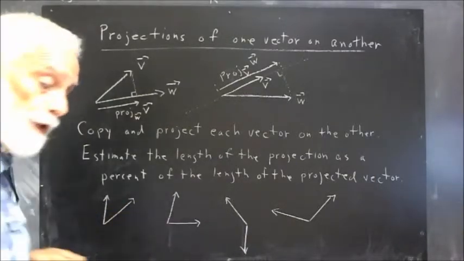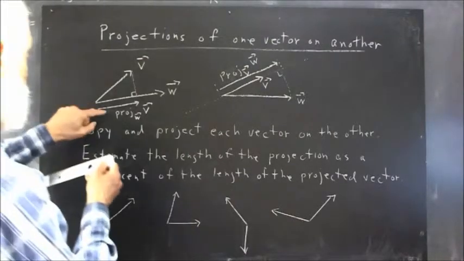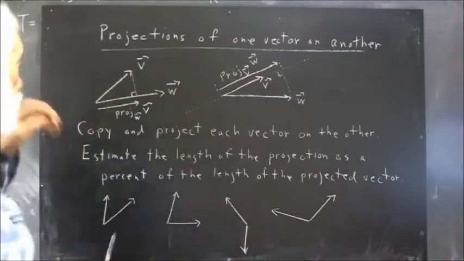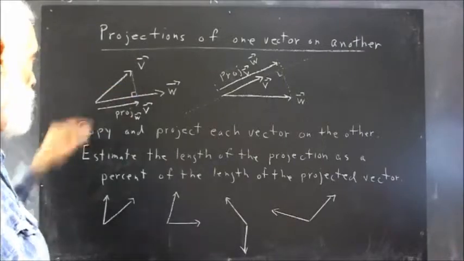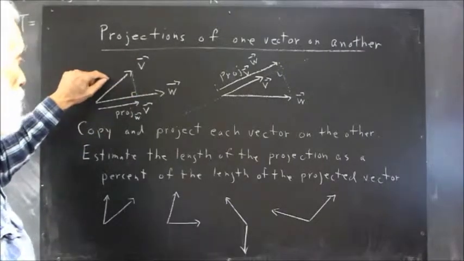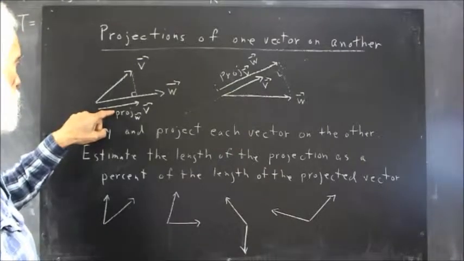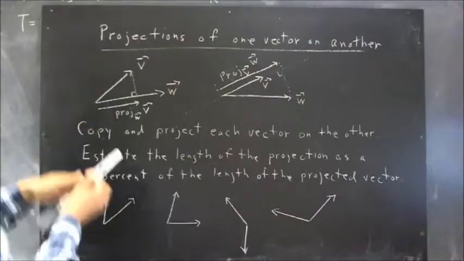Well, here's the projection of v on w. Hang on a second, I'm looking for something to use. Okay, here's the projection of this vector onto w. Now, we know that if we draw the projection line at a right angle, then this vector forms the hypotenuse of a triangle of which this vector is an adjacent side, so this vector has to be shorter than this vector.